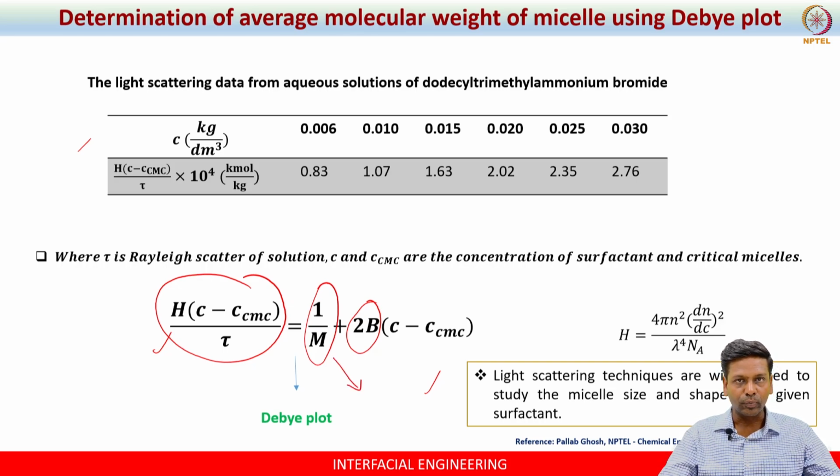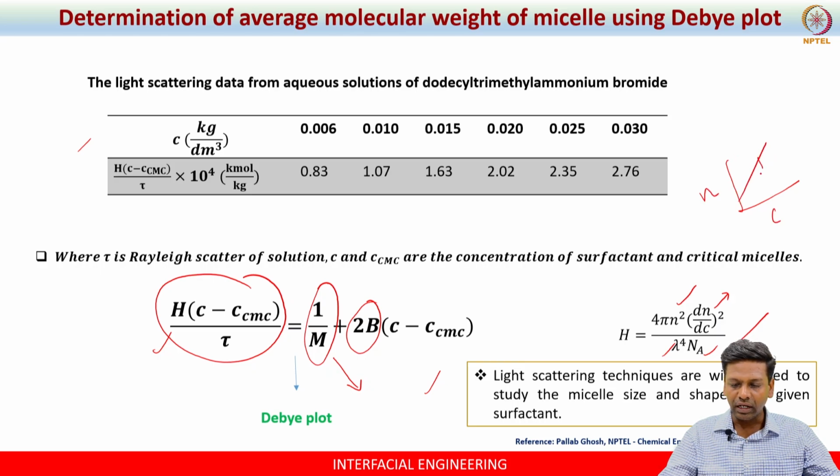This is actually proposed by Debye, and it is popularly called the Debye plot. You can obtain this from the light scattering data, and this H is a constant which is a function of the refractive index, wavelength and Avogadro number. The quantity dn by dc one can obtain if you construct the graph between refractive index n versus concentration.